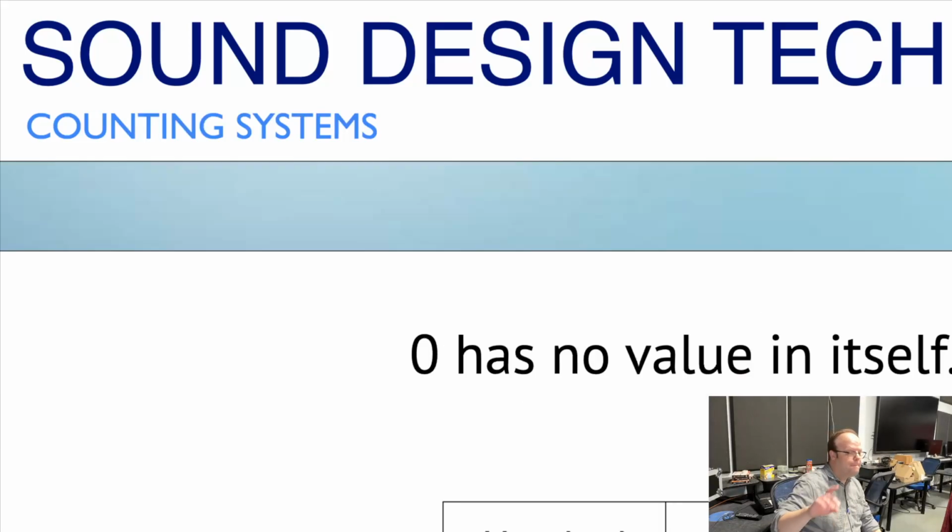Another principle that sometimes we forget is that 0, unlike all the other digits, carries no value by itself. But it can be used to tell you that you have nothing of a certain decimal place. So 0 in and of itself means nothing, but 0 sitting in the thousands column means you have 0 thousands, and that is important information.